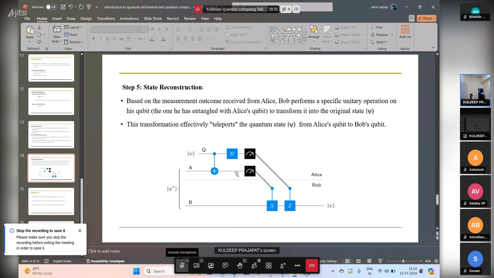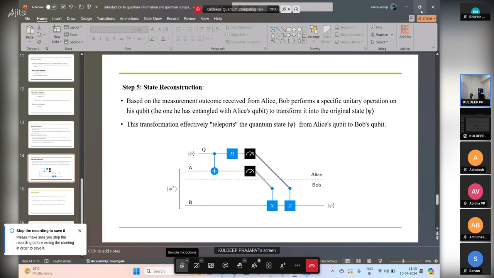So if Alice is on Earth and Bob is on Mars, and we have some communication between Alice and Bob, and if Alice changes some information or some state, and she wants to send the information about the changes classically, telling him, yes, I have changed.